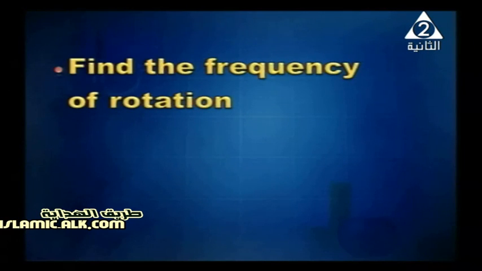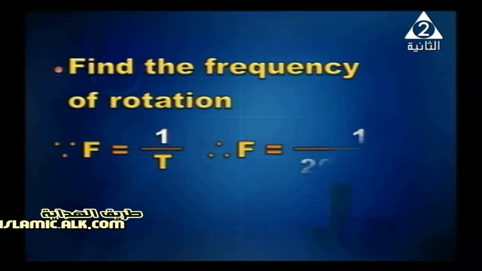And now, what about the question? Find the frequency of the rotation. It's all easy. Frequency is the reciprocal of the periodic time, 1 over T. So it is 1 over 20 times 10 power negative 3, 1000 over 20, it is 50 hertz.